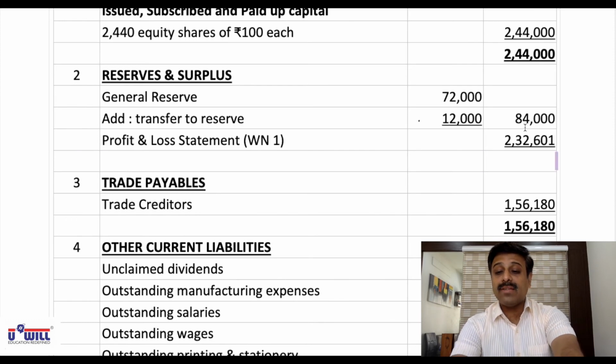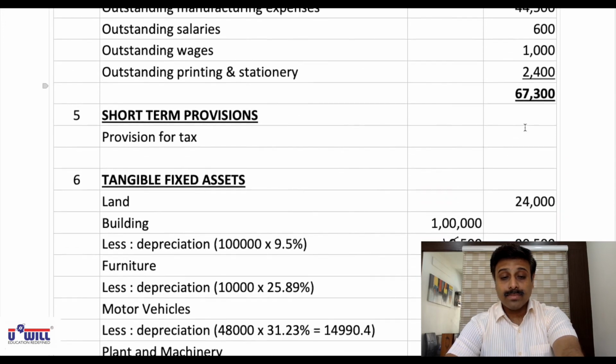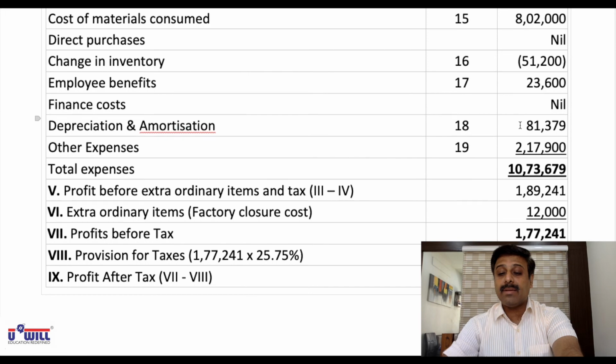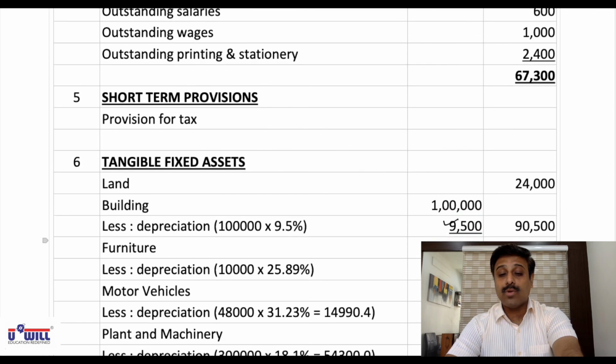Total of reserves and surplus would be 84,000 plus 232,601, that is 316,601. Then provision for tax, short-term provision, is pending. In the P&L statement the provision for tax was 45,640. Total also 45,640.